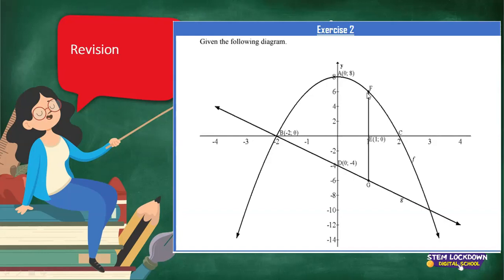To find Y, you substitute the 1 into the equation of the parabola. The same thing, you substitute 1 into the equation of the straight line to find your Y at G, and then you subtract them to give you the length of FG.